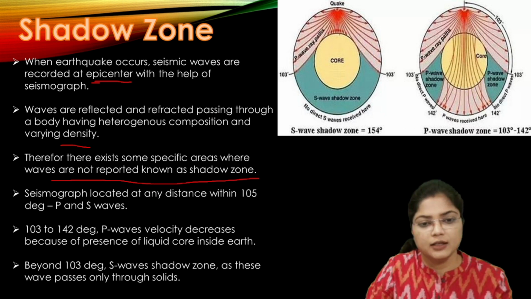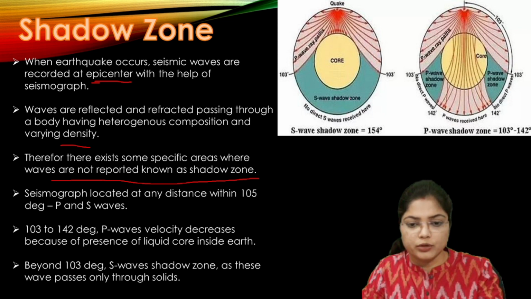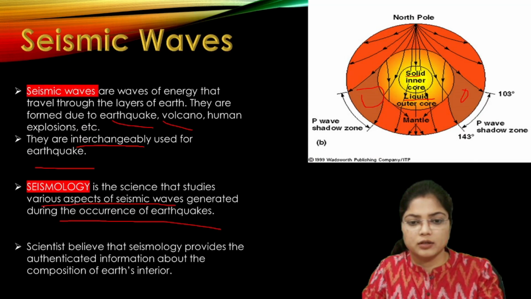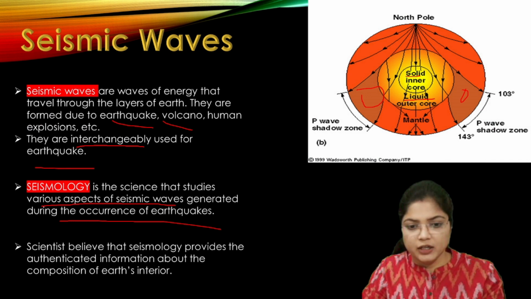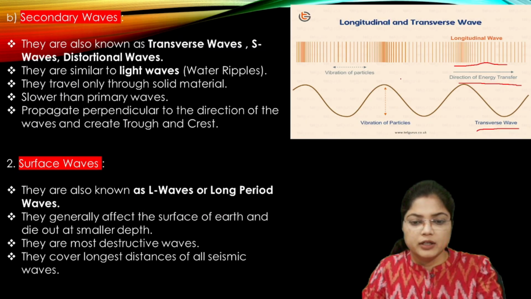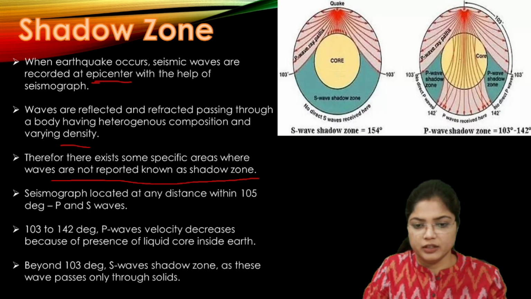Here, what you see, as I have already told you, the outer core is made up of liquid and the inner core is made up of solid material. That means P waves are traveling over here.